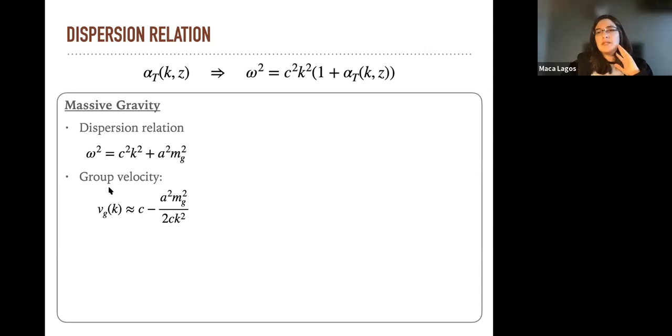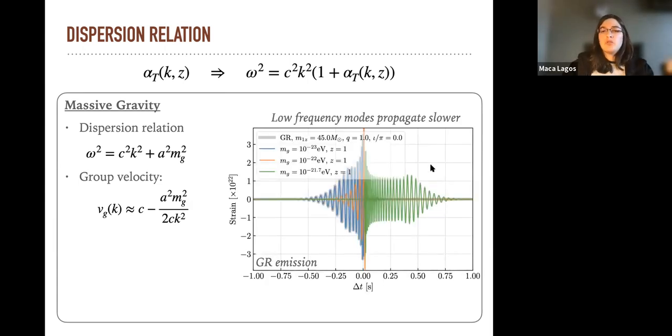So different frequency modes will propagate at different speeds. From this formula, we can see that low frequency modes, a smaller k, propagate slower than the speed of light, and high frequency modes, high k modes, propagate closer to the speed of light. So this will bring distortions in your waveform.